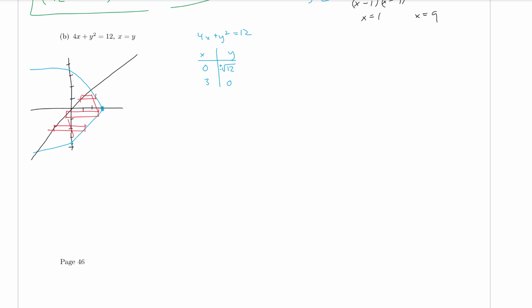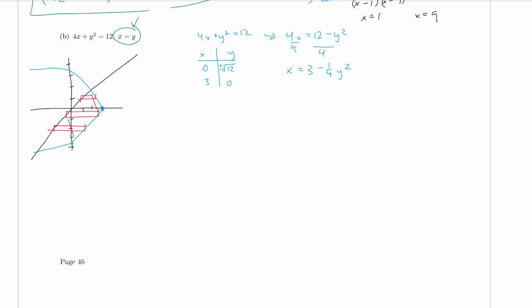If we're going to do this in terms of y, we need to solve our equations to be x equals equations. Our first one's already done. For the second one, we subtract the y squared, so we get 12 minus y squared, and divide by 4. So we have that x is equal to 3 minus 1/4 y squared.